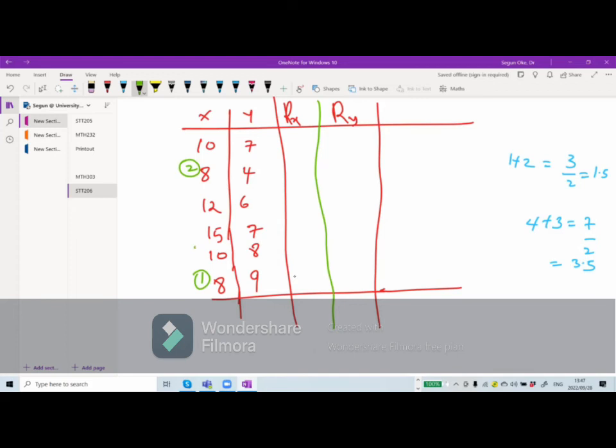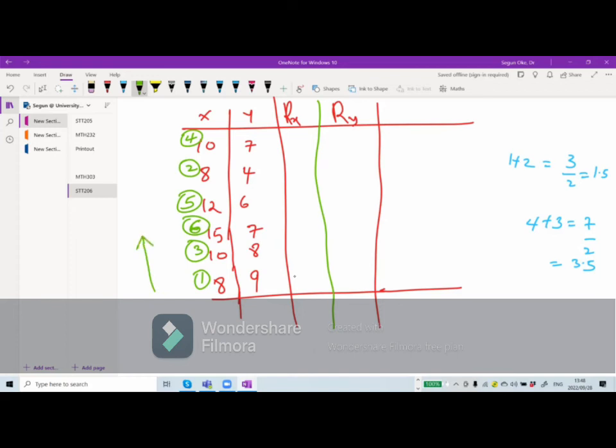Which is 3, and this is 4. Right? Okay. The next value is what? 12. 5. The next one is what? 15. 6. We are ranking from the bottom to up.